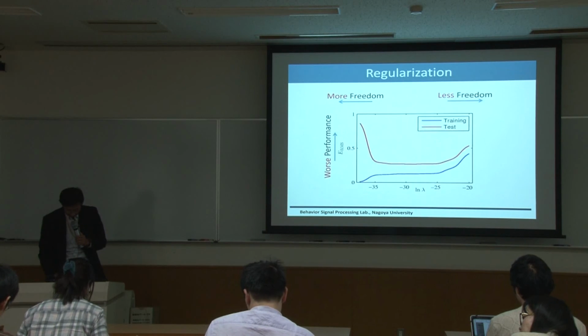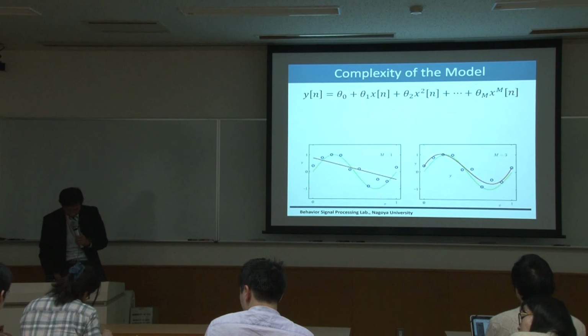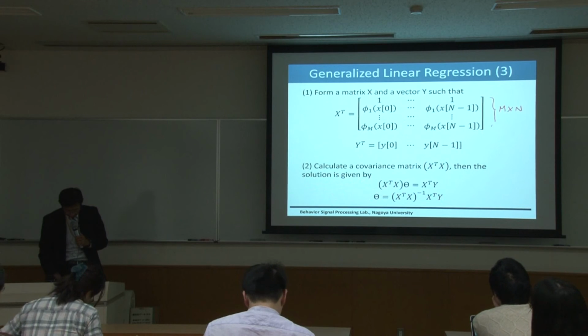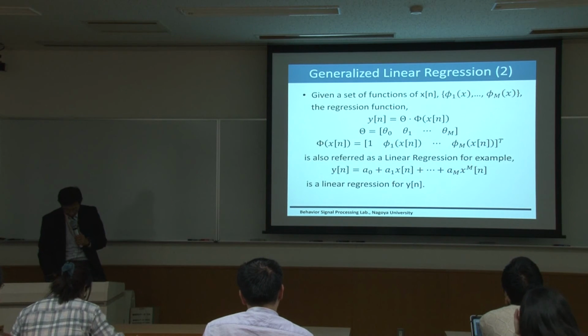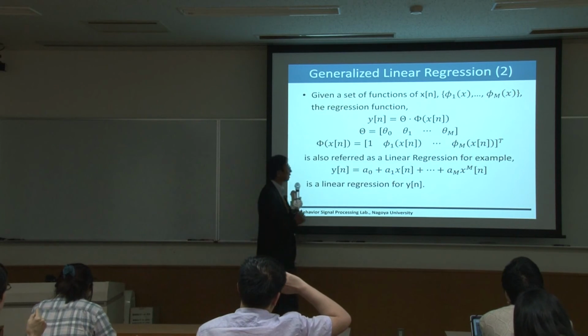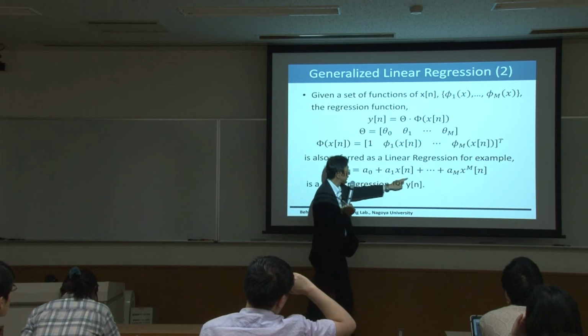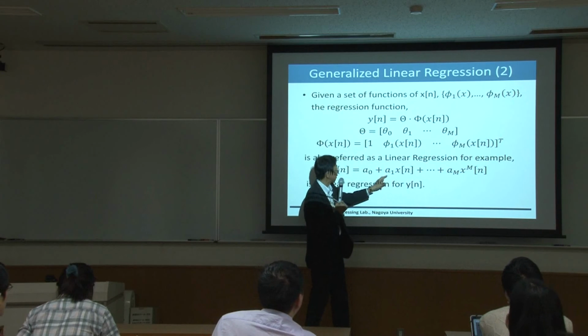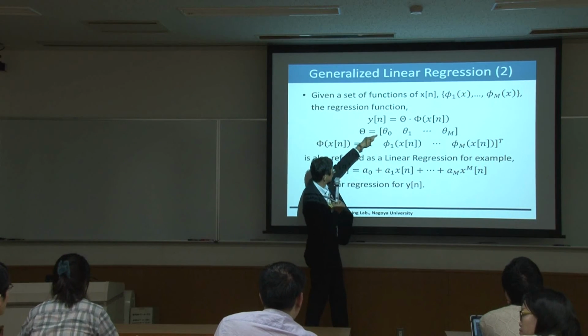Generalized linear regression. In this regression, you have A0 to AN. I use the symbol A, but this is completely the same as theta.